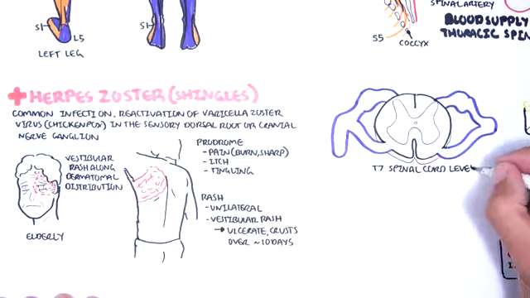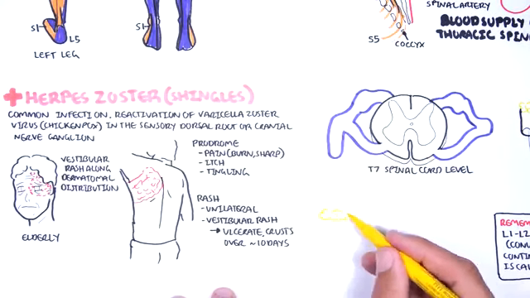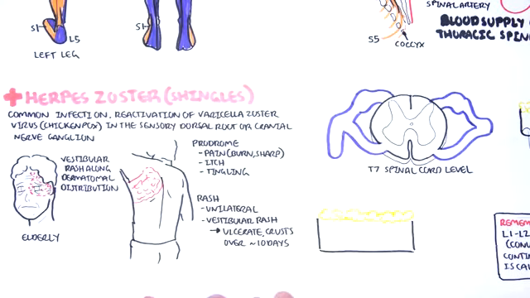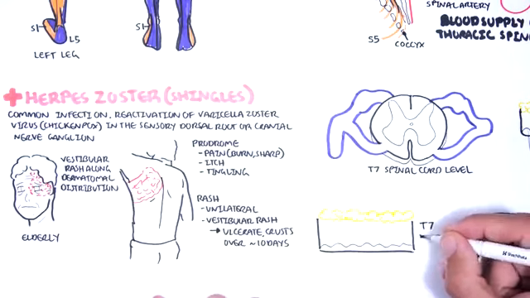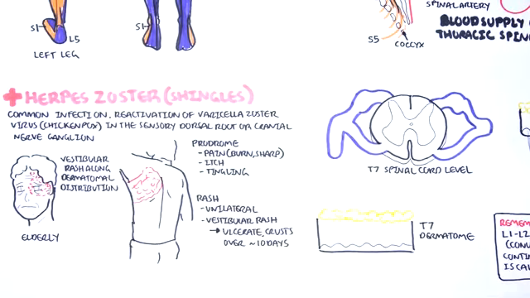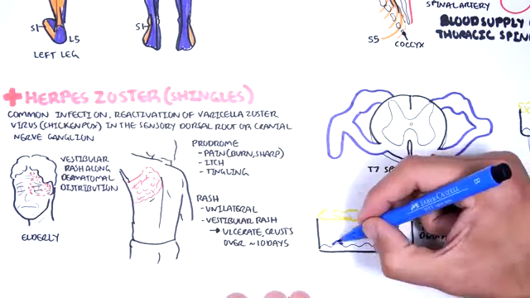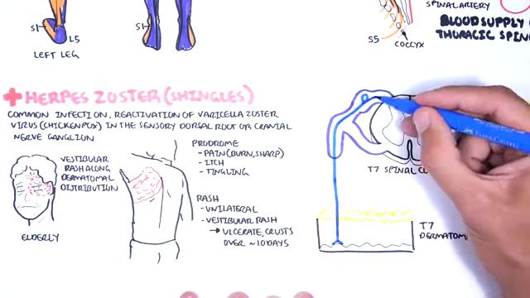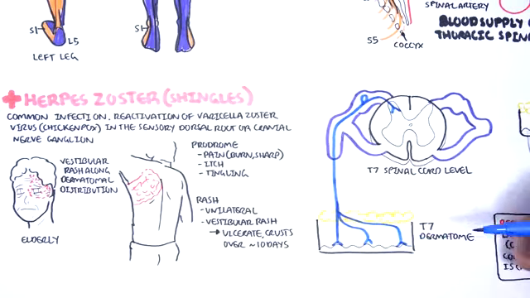To understand the pathophysiology briefly, let's look at the T7 spinal cord level, which innervates the T7 dermatome segment of the skin, which is basically the upper abdomen. Shingles is reactivation of the chickenpox virus.